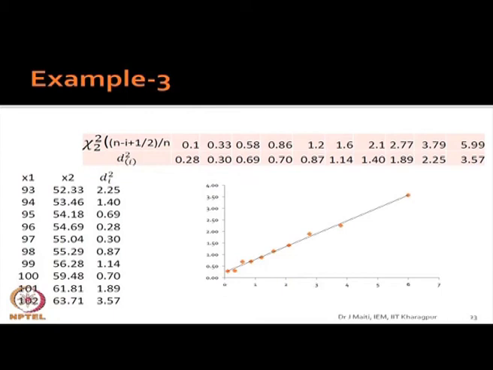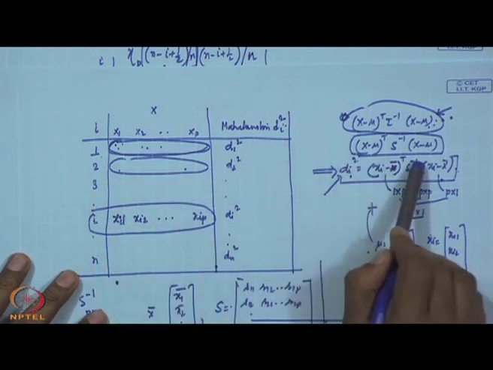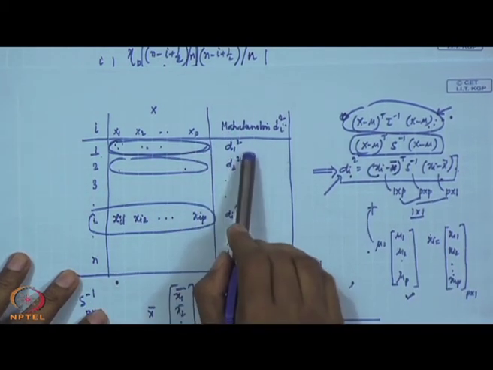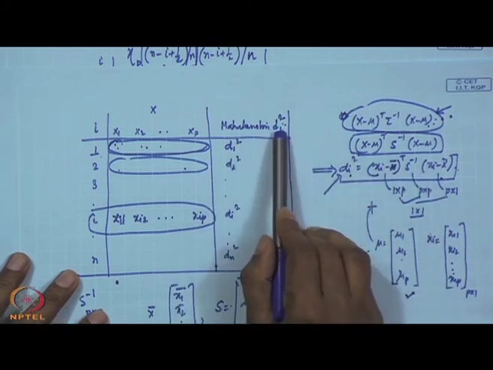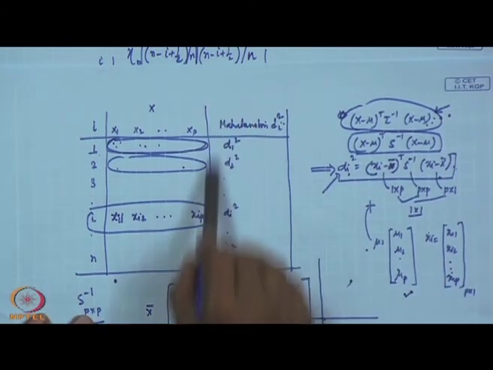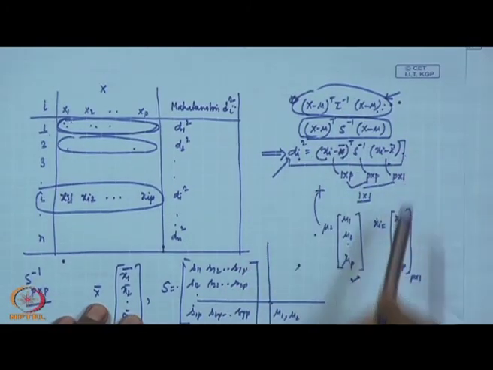Your total data set is this one. Every observation is transformed into one aggregate value, that is the Mahalanobis d square, and you are now finding the distribution for this, and we all know this is chi-square distributed.